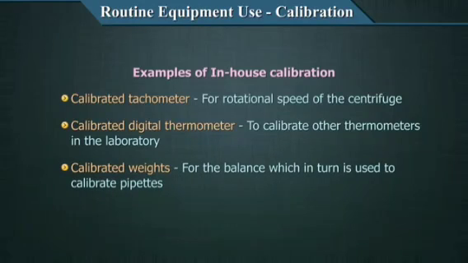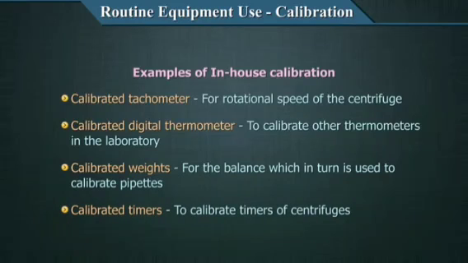Calibrated weights can be used to calibrate pipettes. Calibrated timers can be used to calibrate other timers of centrifuges. These are all possibilities that you can make use of as you think of calibration of ancillary equipment in your laboratory.